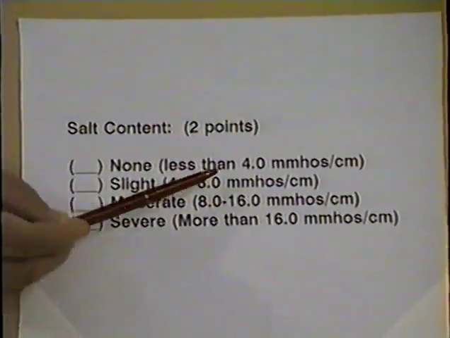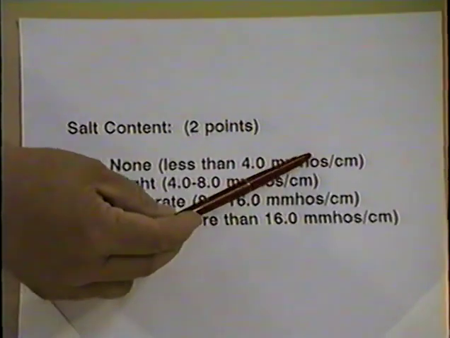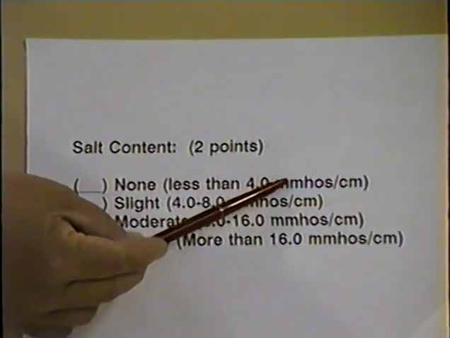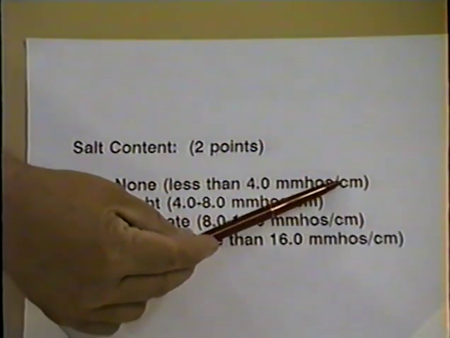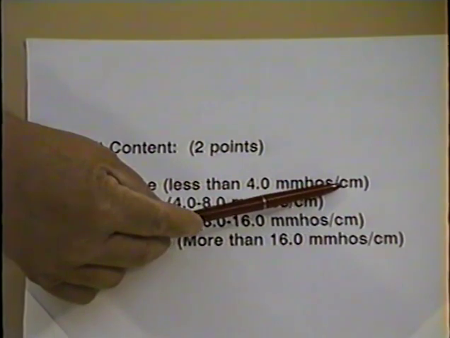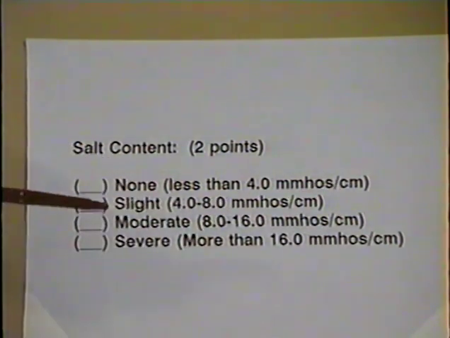If it's less than 4 millimhos per centimeter, and this is an electrical conductivity term, it means that the little electrical plates where you test this are 1 centimeter square and 1 centimeter apart. This is a standard routine way of measuring it.